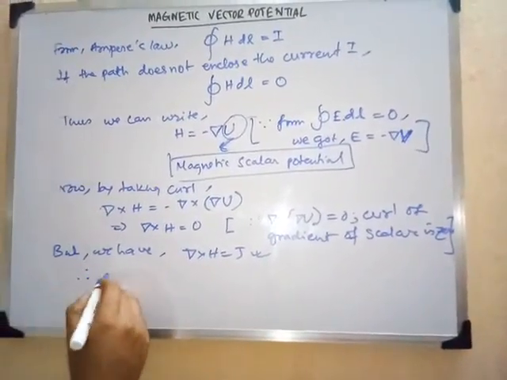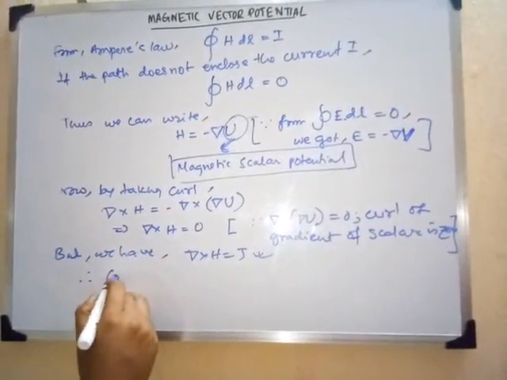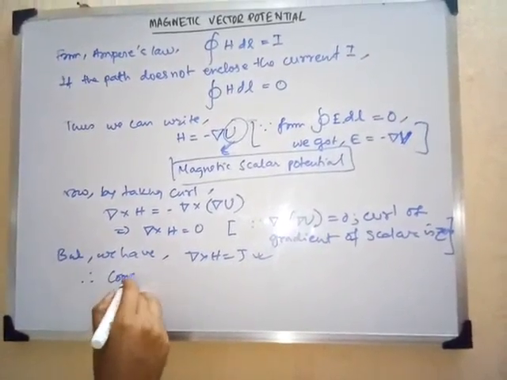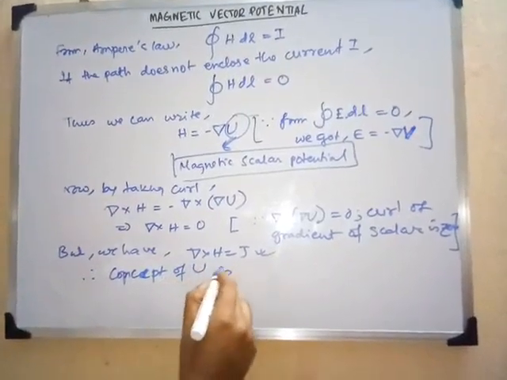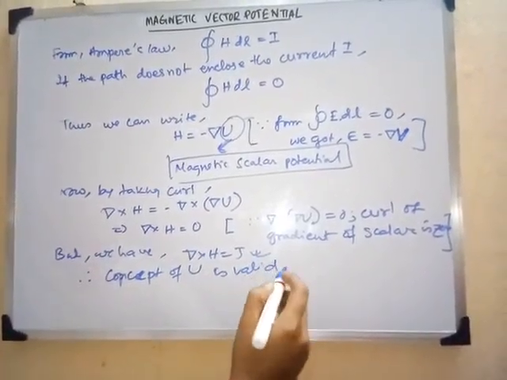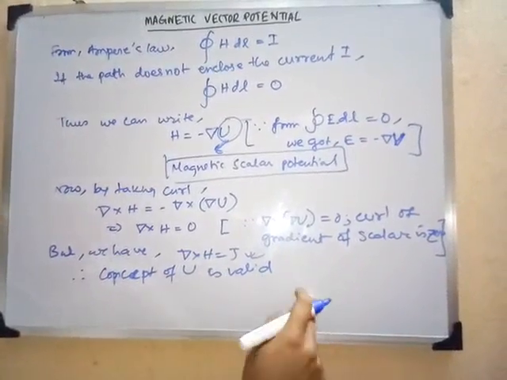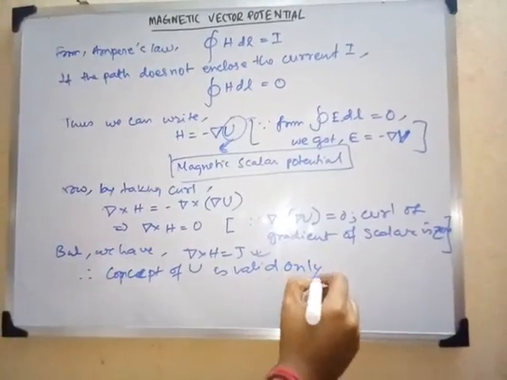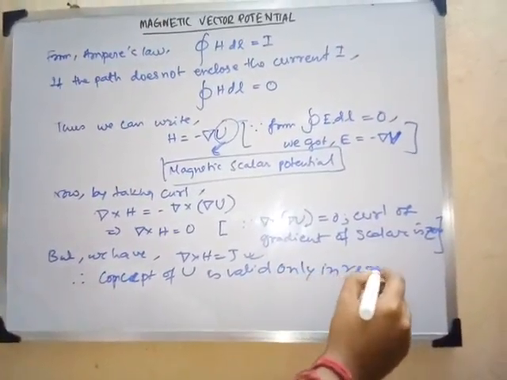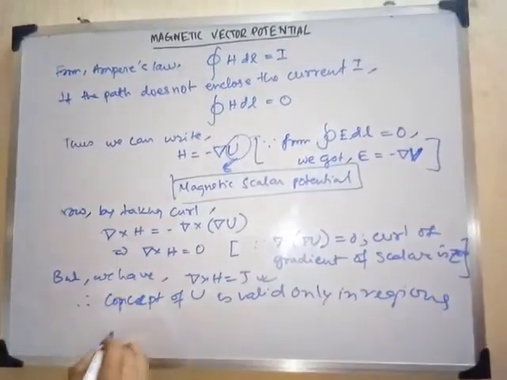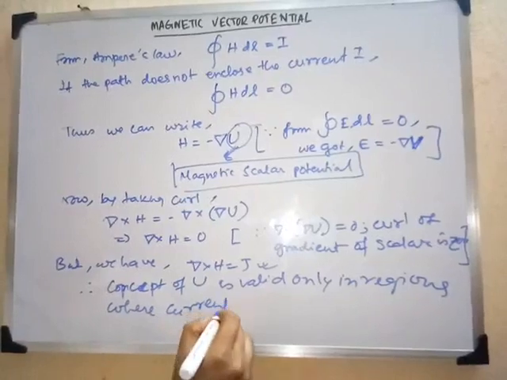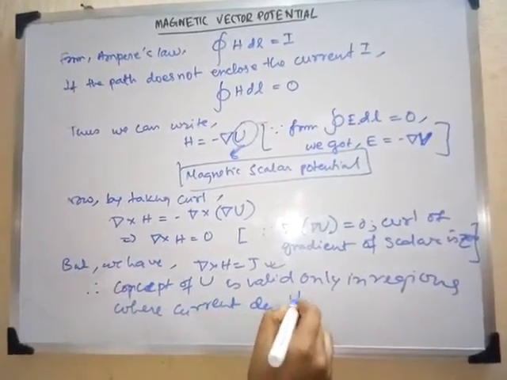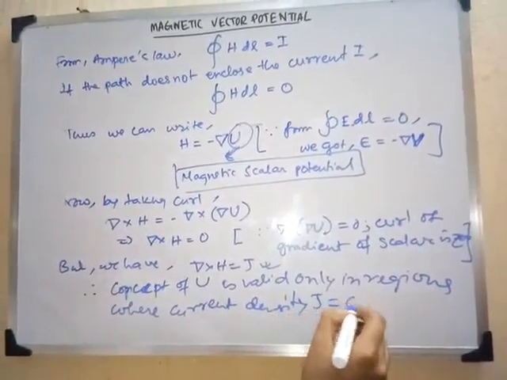So we can conclude that therefore this concept of U is valid only in regions where current density J is equals to 0.